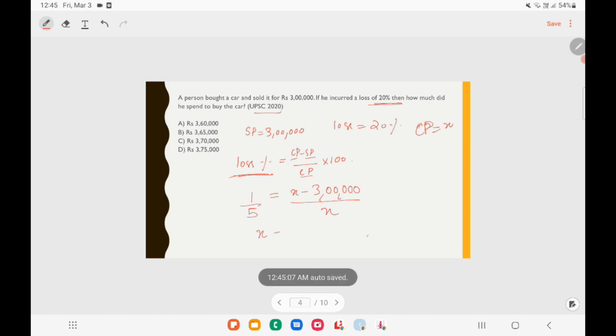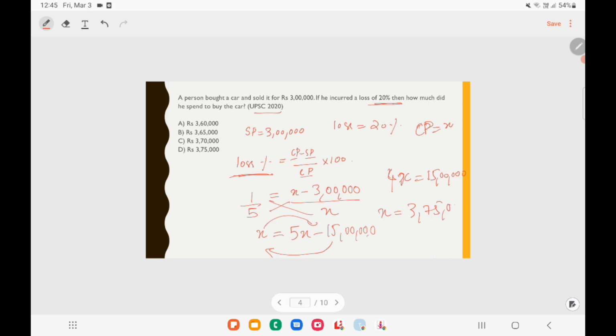So after solving, cross multiplying, X is equal to 5X minus 15 lakh. So I am bringing 15 lakh here and X here. 5X minus X is 4X. So 4X is equal to 15 lakh. So after solving you will get X is equal to 3,75,000. So our answer is option D, 3,75,000.